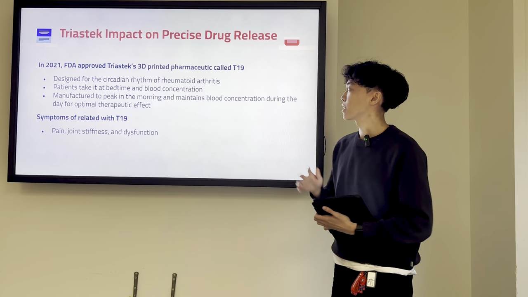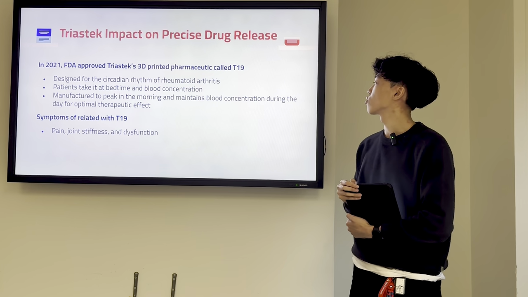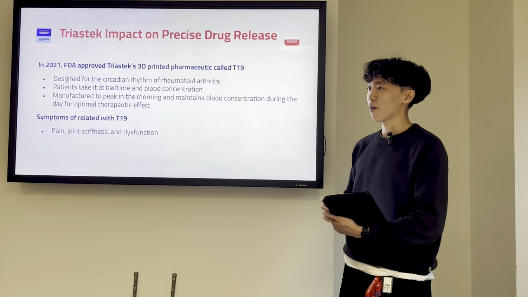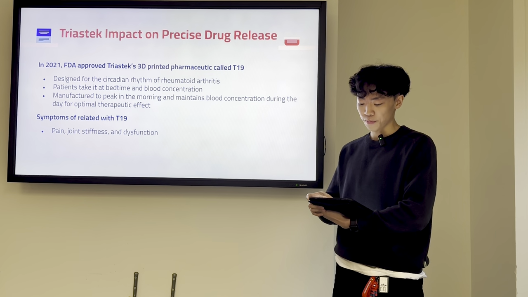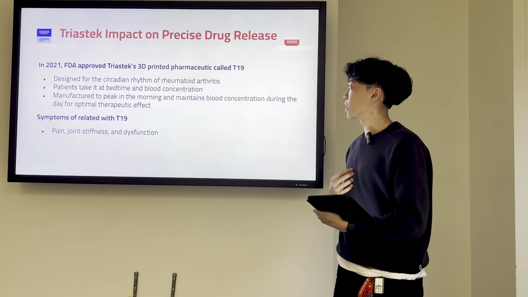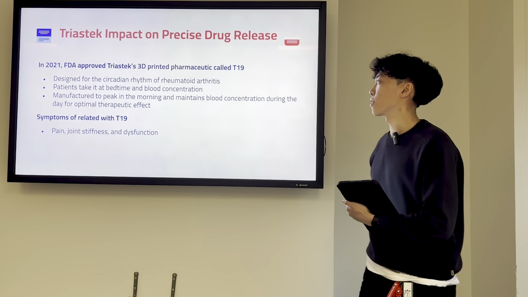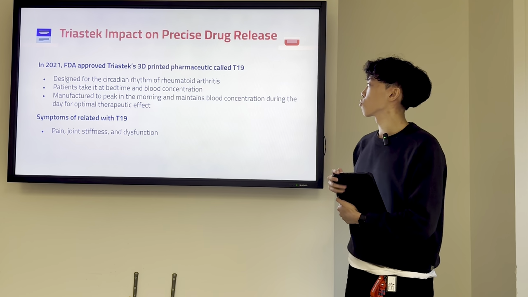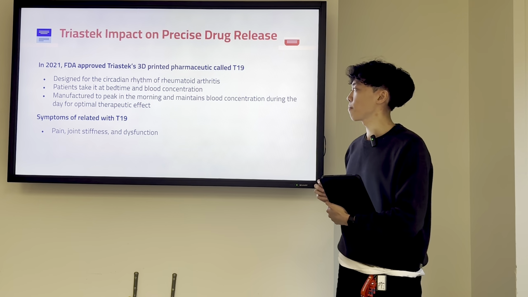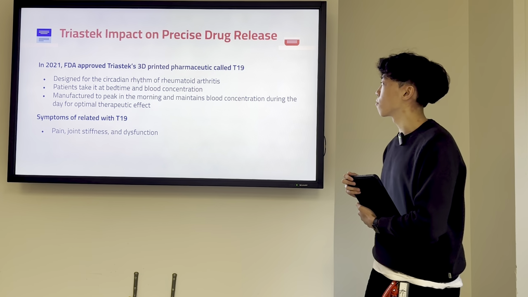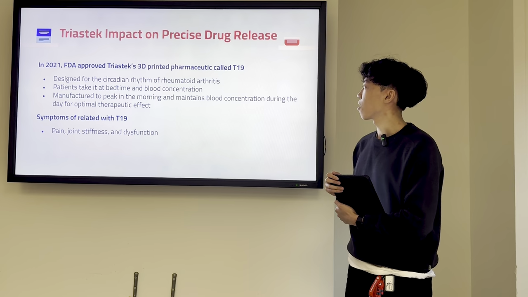Okay, so TriStack's impact on precise drug release. As I discussed, it has precise control over drug release. In 2021, the FDA approved TriStack's 3D printed pharmaceutic called T19, designed for the circadian rhythm of rheumatoid arthritis.